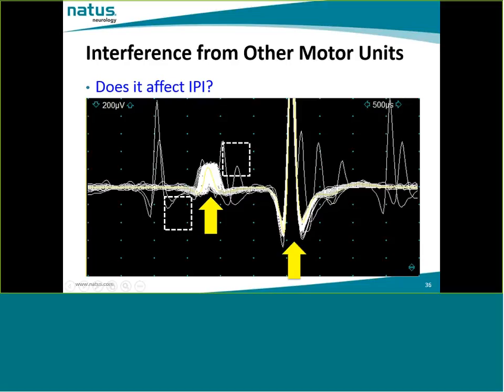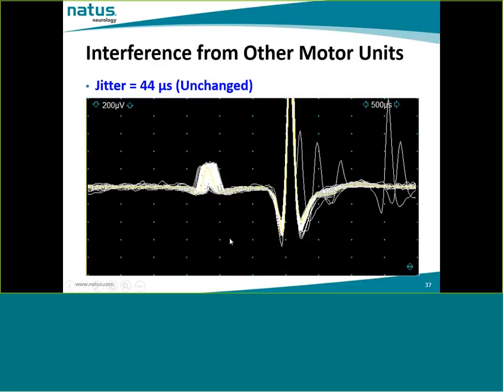Once again, this is a very fast tool of excluding traces rather than looking at traces individually and excluding them. When I exclude these traces, I'm left with this. Notice that there is no interference with the rising edge of this potential or the rising edge of this potential.